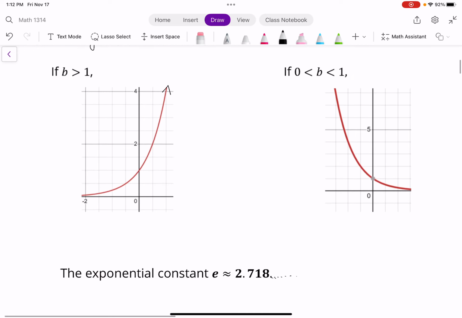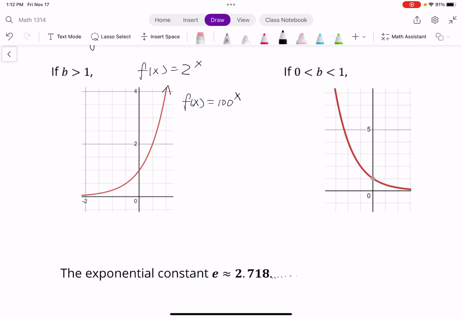How about if I have a different b? We talked about b equals 2. How about b greater than 1, or b between 0 and 1? b will never be a negative number. If b is greater than 1, for example, f of x equals 2 to the x, or f of x equals 100 to the x, we always have an increasing function.